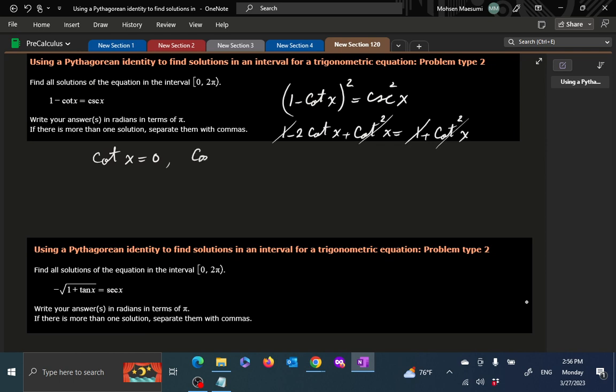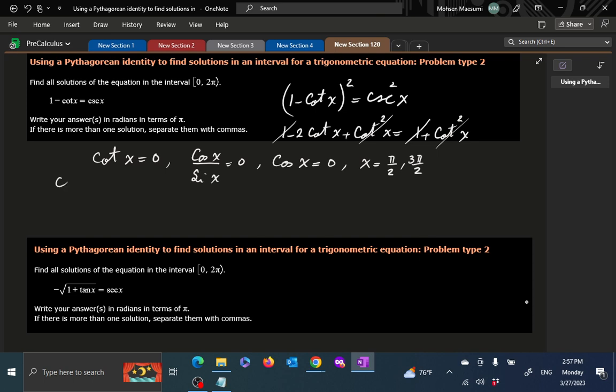Again, just to remind you, cotangent is cosine over sine is 0, and when a fraction is 0, remember when we reviewed the equation, the numerator should be 0 and the denominator should not be 0. Cosine of x is 0, then you have pi over 2 or 3 pi over 2.